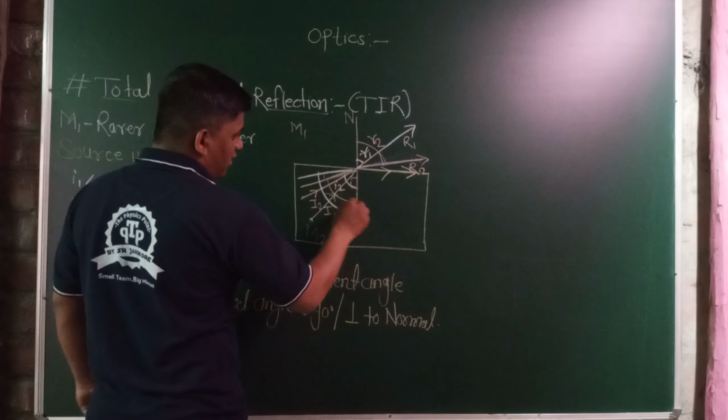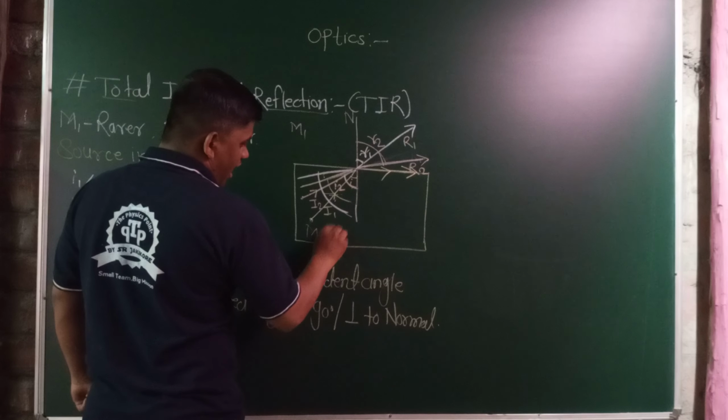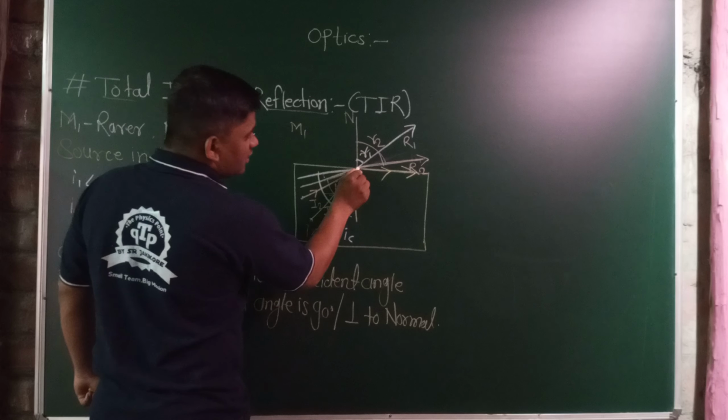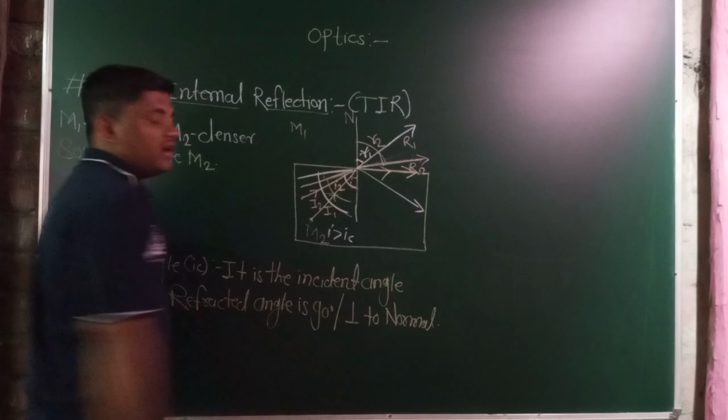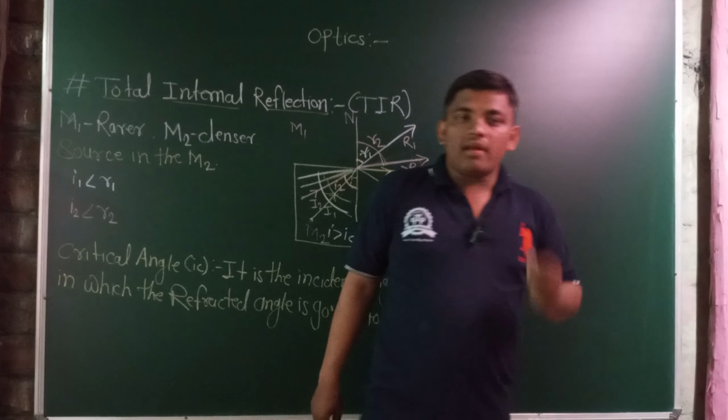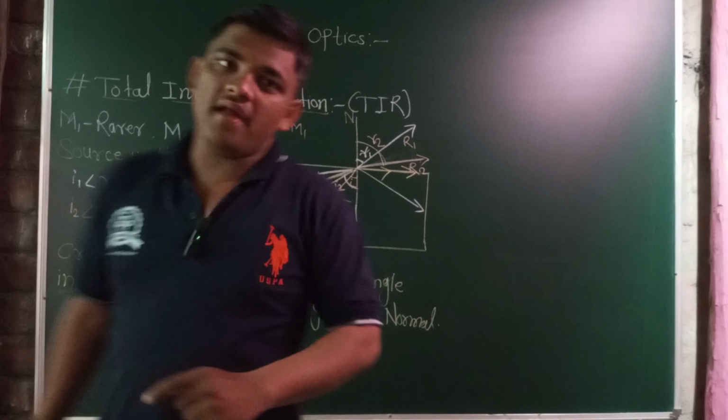This bigger angle, I prime, is greater than ic, then the refracted ray comes perfectly and permanently into the same medium.